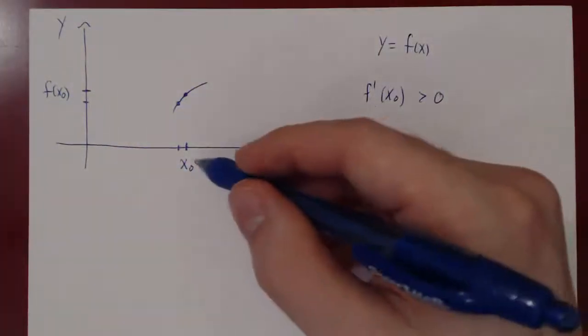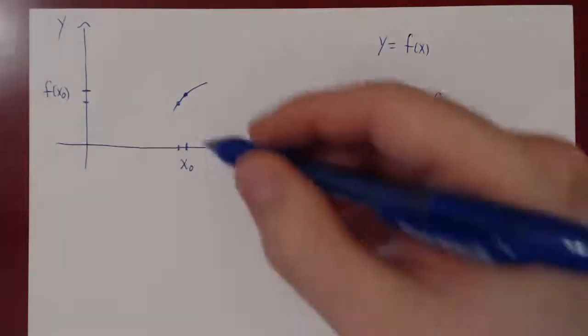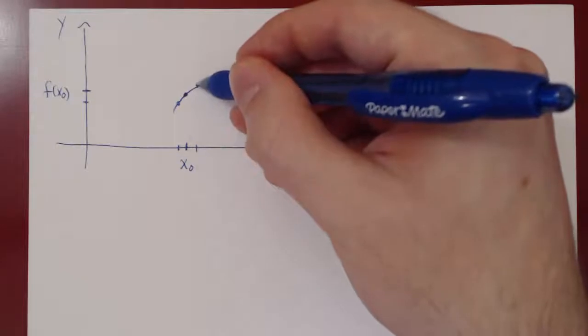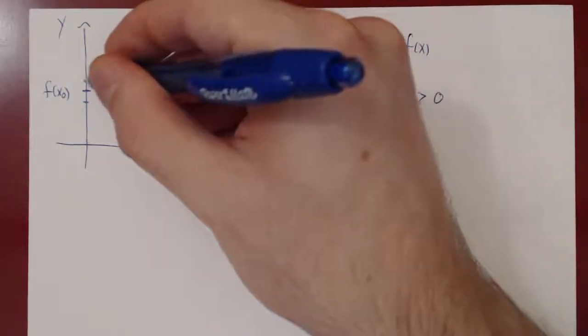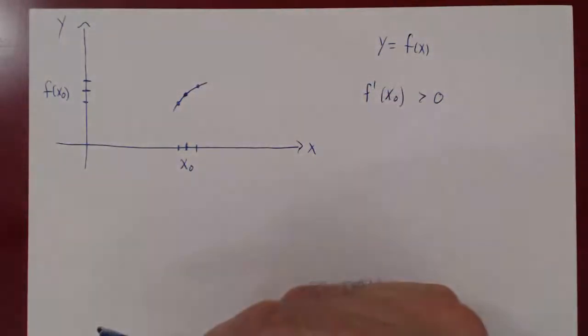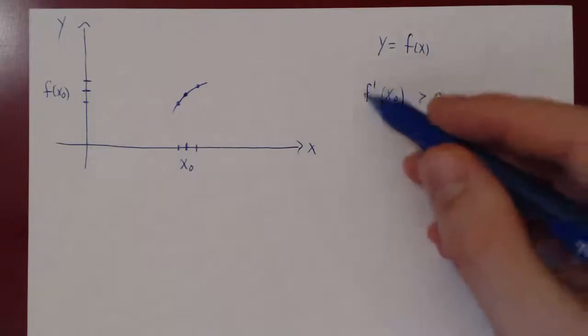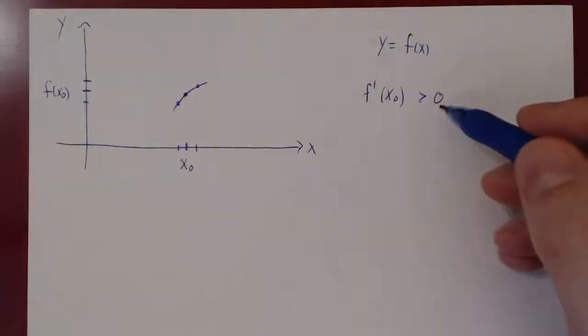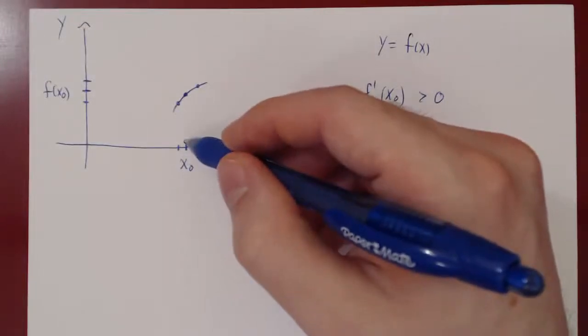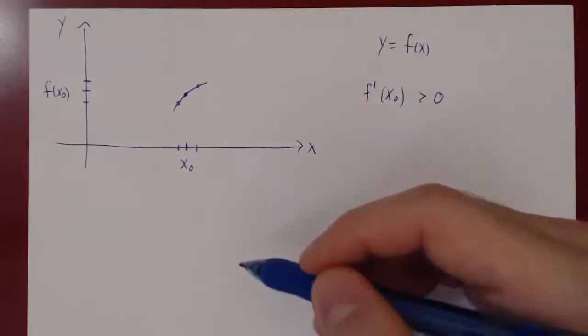And clearly x0 is not an absolute maximum, because you can go to the right of x0 and clearly f will attain an even bigger value. And you get the same argument if the curve would be concave up. So it's obvious that if the derivative at this point is positive, the curve being increasing, x0 cannot be a minimum value nor a maximum.